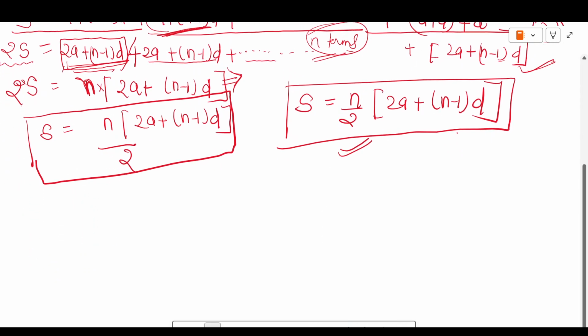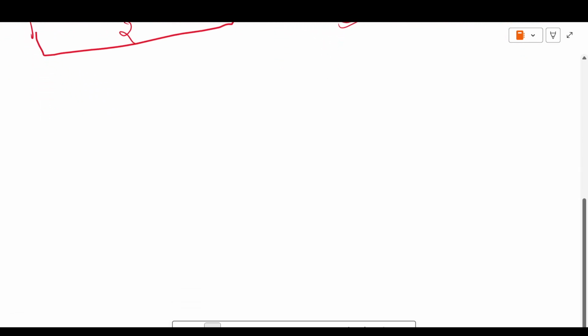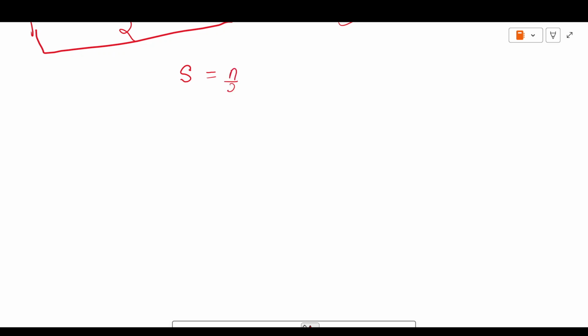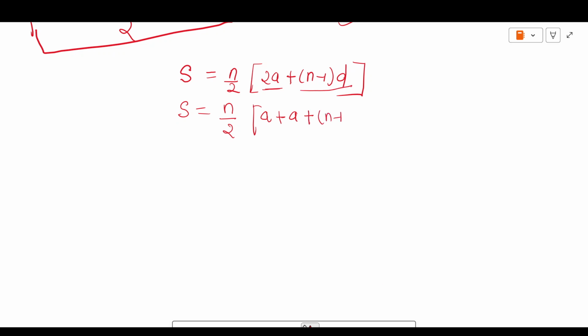Okay. Now we have the formula S is equal to n by 2 into (2a plus (n minus 1) into d). Can we write it like this? We can break 2a like a plus a, and here is (n minus 1) into d.